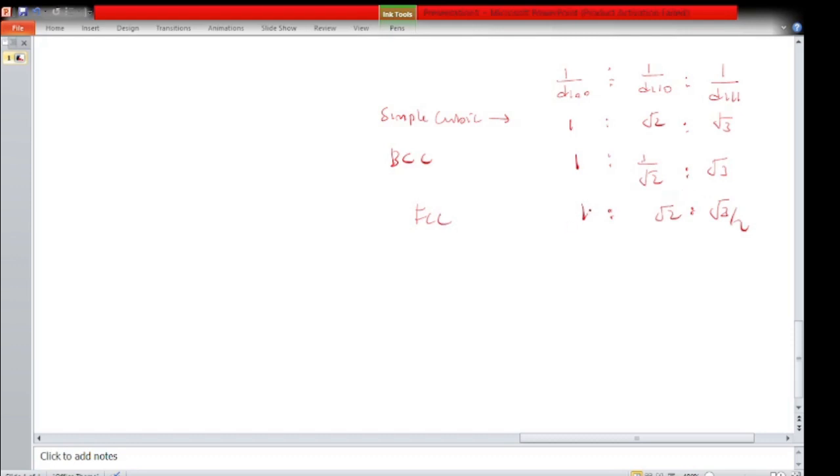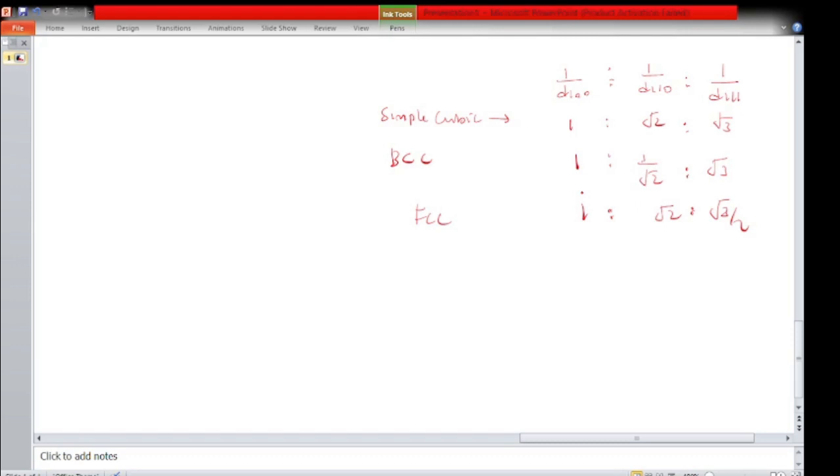Okay, so in this way you can find out for the different kinds of crystal structure also by using the X-ray spectrometer. So that is the method.